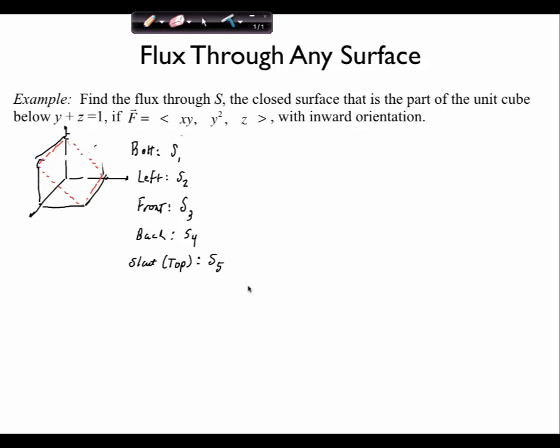So here's where we can make good use of that alternate form, right? We said that F dot dS is equal to F dot N times just the magnitude of the area. Those are the same.